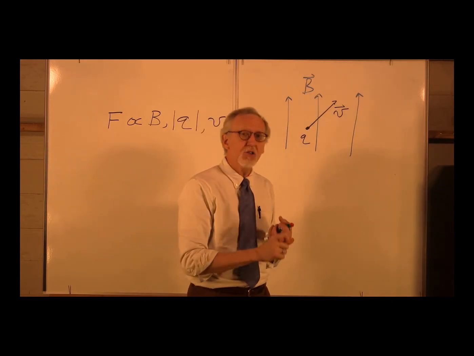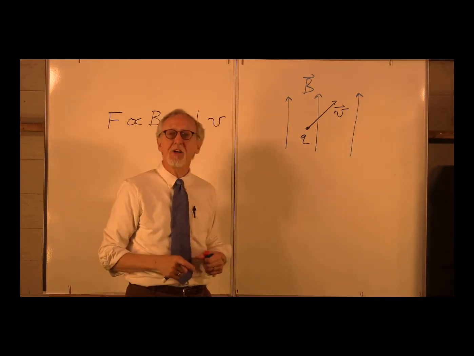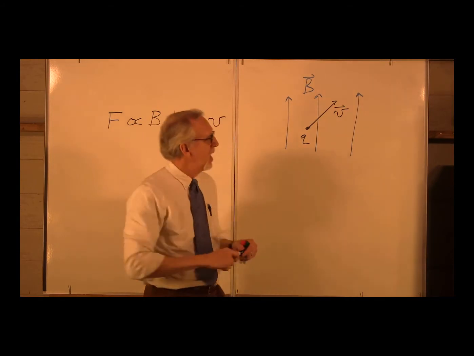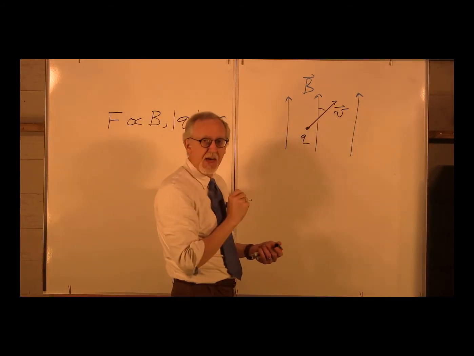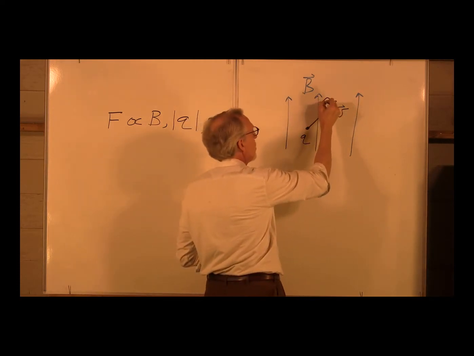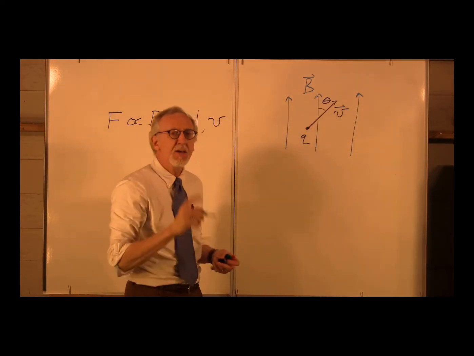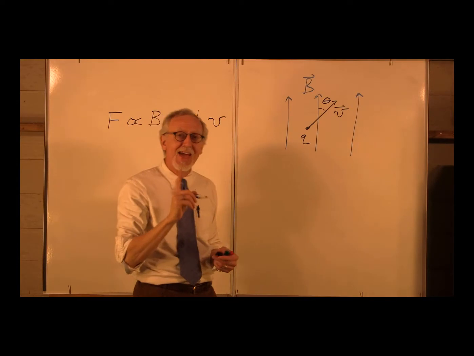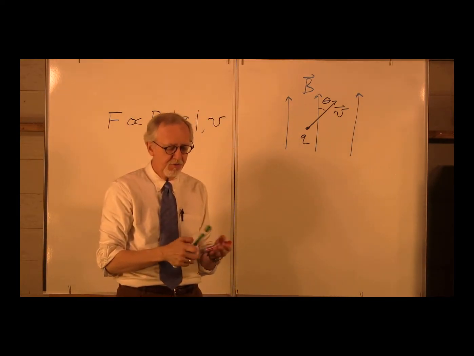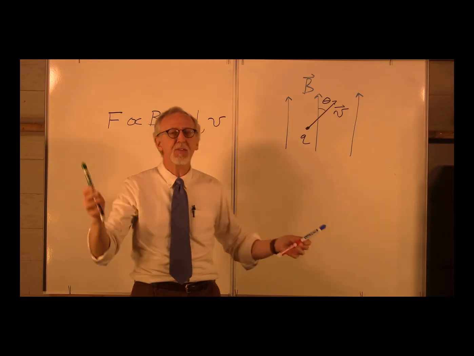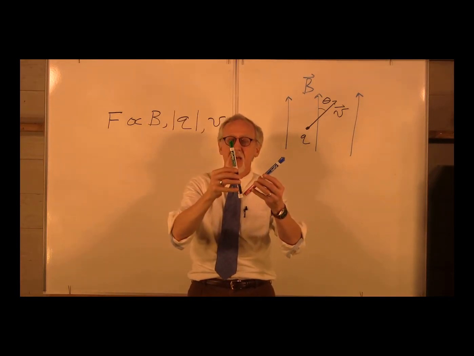But it also depends on the direction of the velocity. If there is an angle between the magnetic field and the velocity, we'll call that angle theta. Now let's remember, how do we determine the angle between two vectors? We have to put them, let me make two vectors here, we have to put them tail to tail.